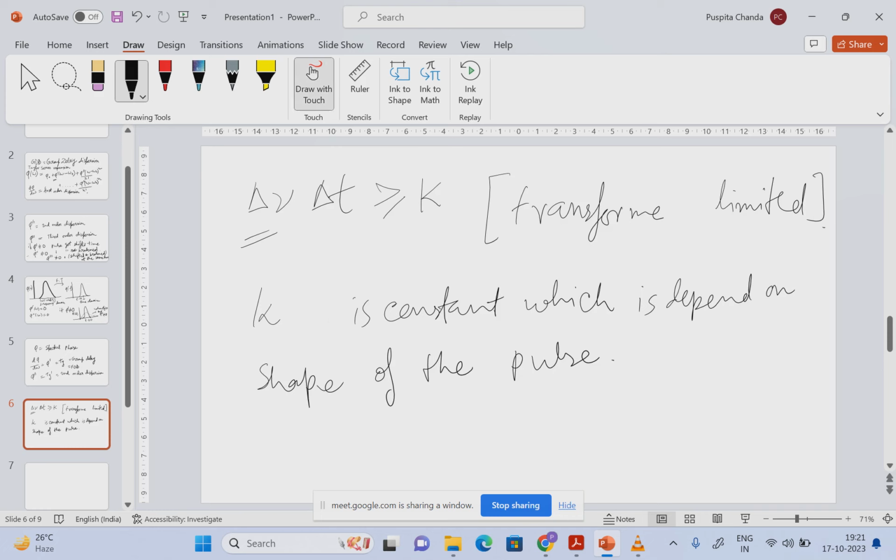So however the pulse gets stretched or something else happens, this is practical in the time domain.